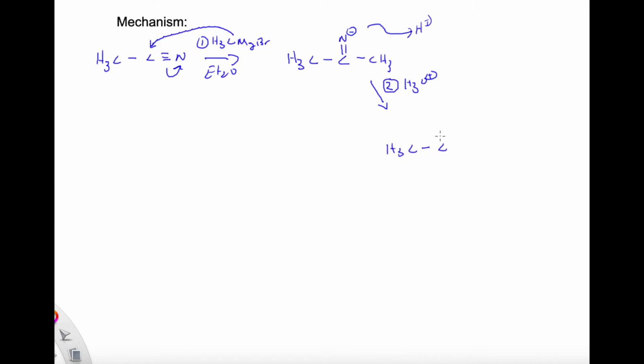And this, in fact, is going to hydrolyze everything for us. All right, so now we've got more acid in solution, and the amine is going to get protonated further.